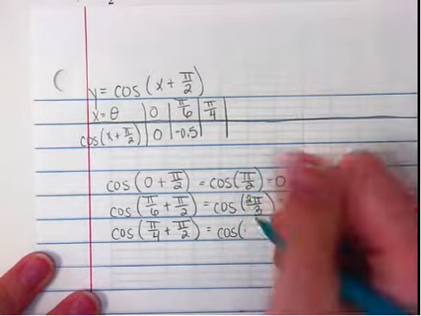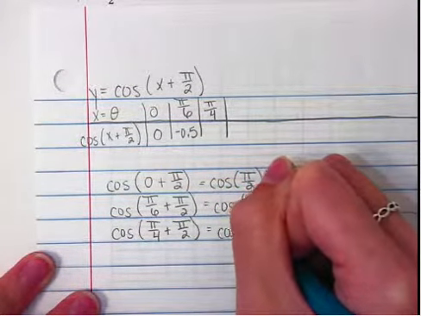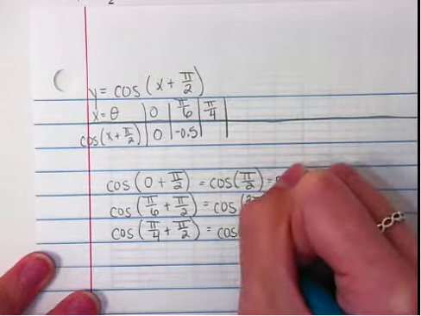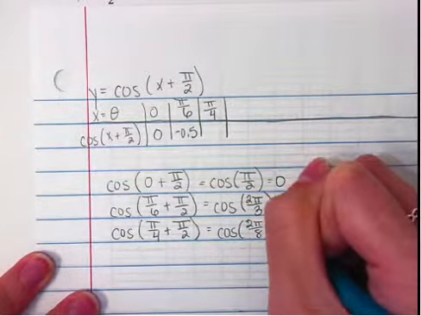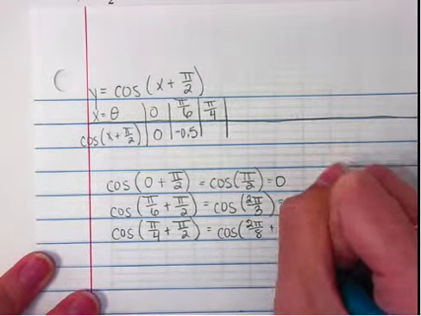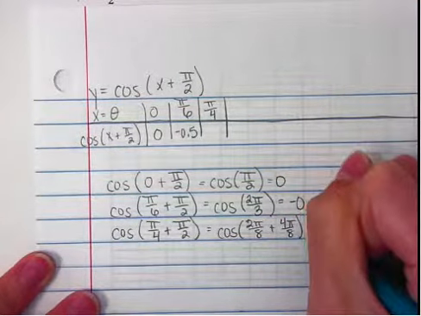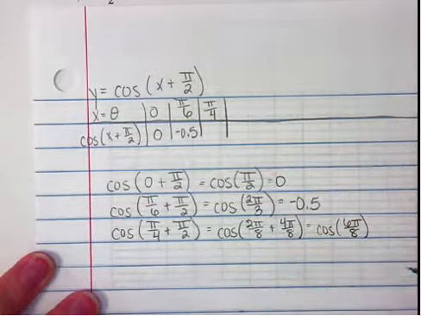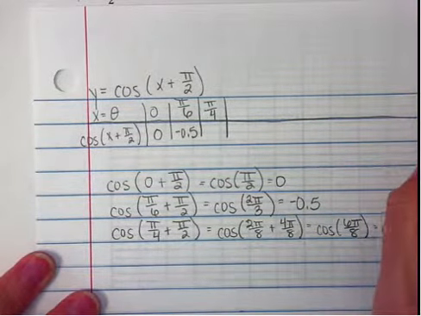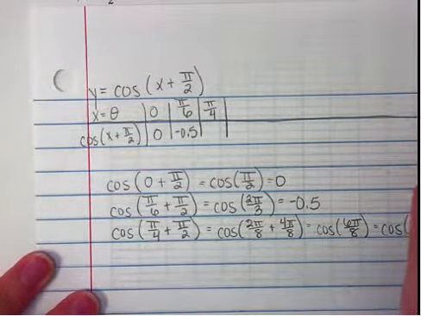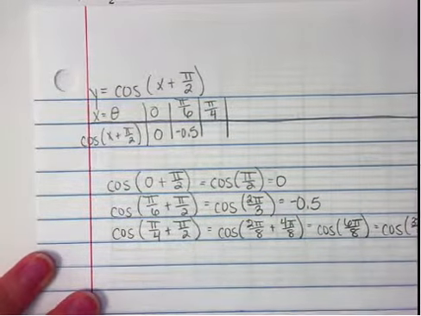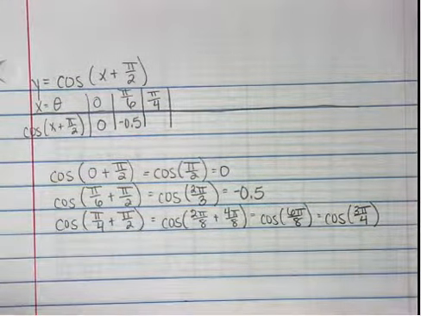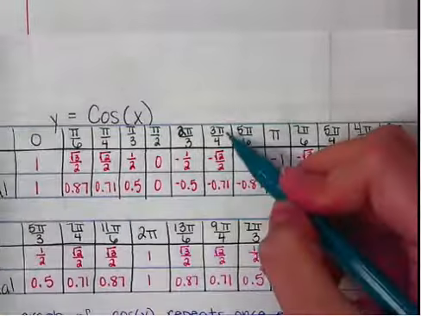Cosine pi over 4 is the same as 2 pi over 8, plus pi over 2 is the same as 4 pi over 8. And if I simplify that, that gives me cosine of 6 pi over 8, which is the same as cosine of 3 pi over 4. And cosine of 3 pi over 4 is negative 0.71.